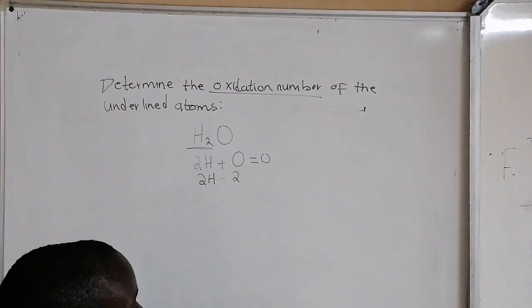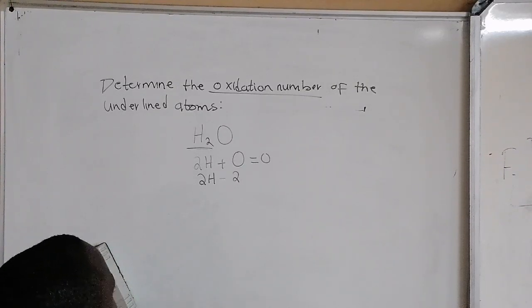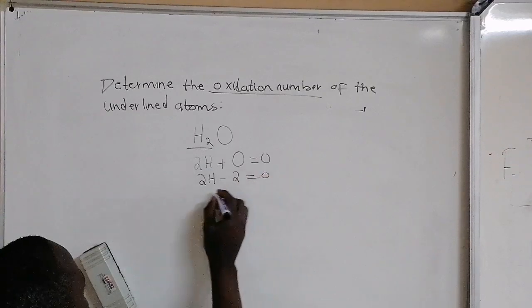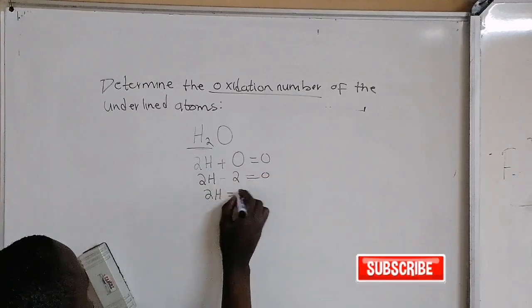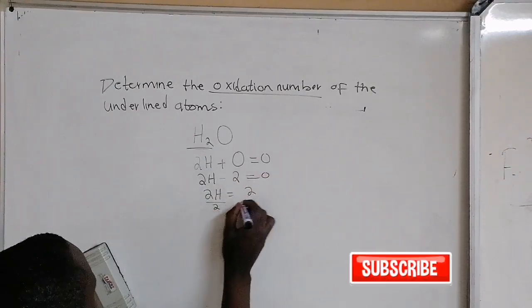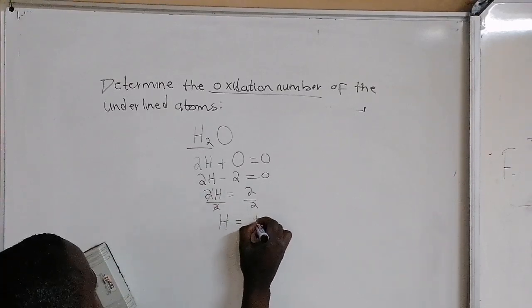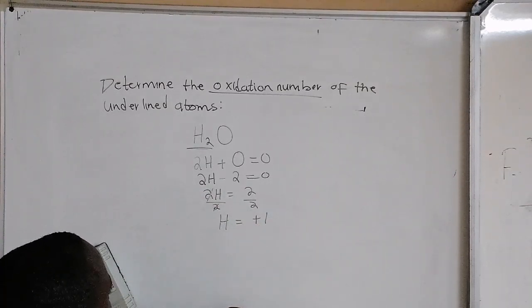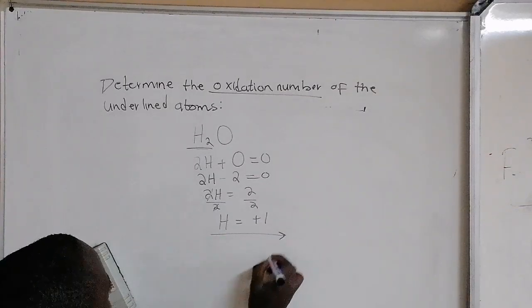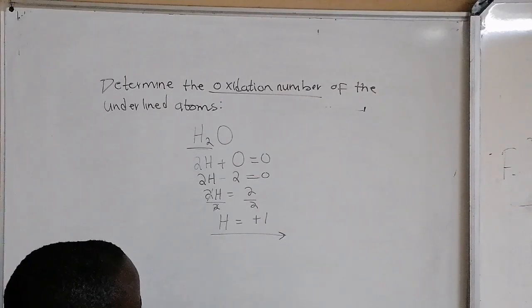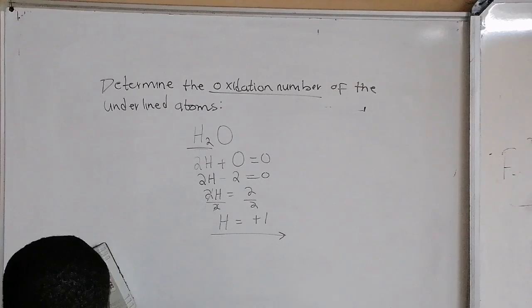We know that when oxygen atom is combined with other elements, its oxidation number is always -2. We equate it to 0. We say 2H equal to positive 2 to make H the subject of the formula, and we have H as positive 1. So it is very important for you to know how to determine the oxidation number.